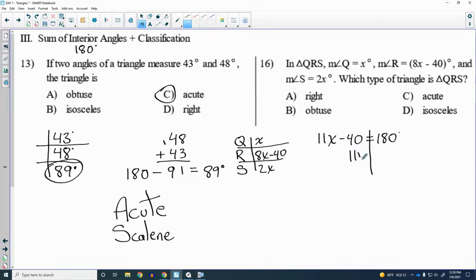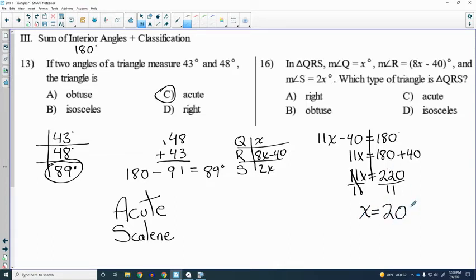So my 11X stays, my 180 stays, and I'm going to change the sign of the 40 on the other side. And then I have 11X is equal to 220 degrees. I'm going to divide both sides by 11, and I'm going to get X is equal to 20.